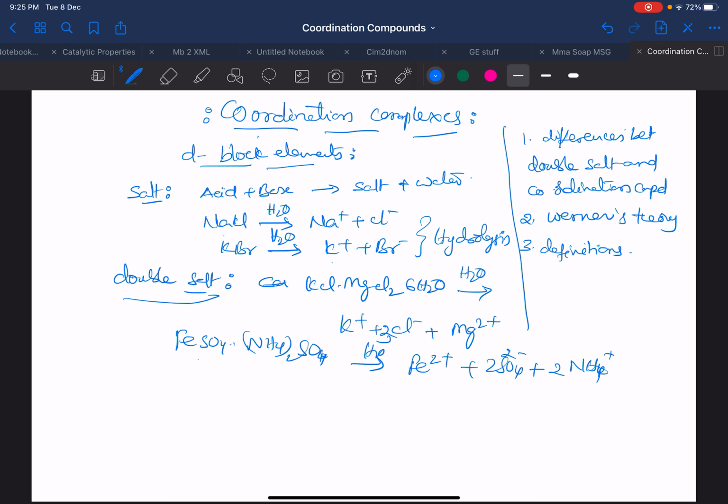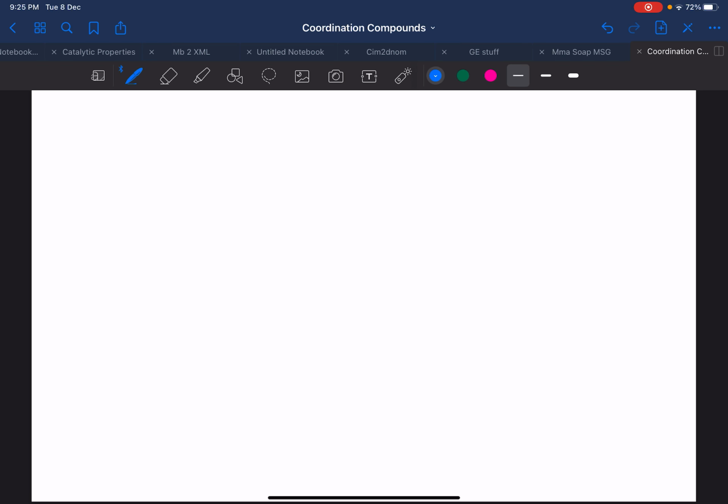So what is the difference between a coordination compound and a double salt? Next we will go to the differences.